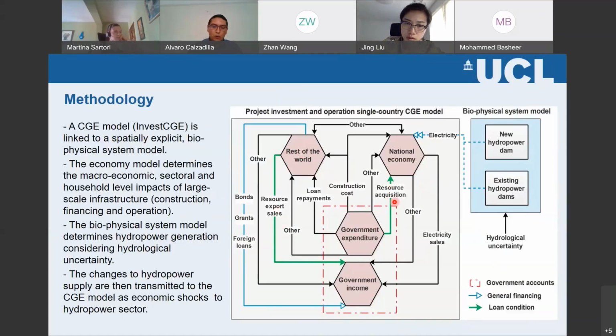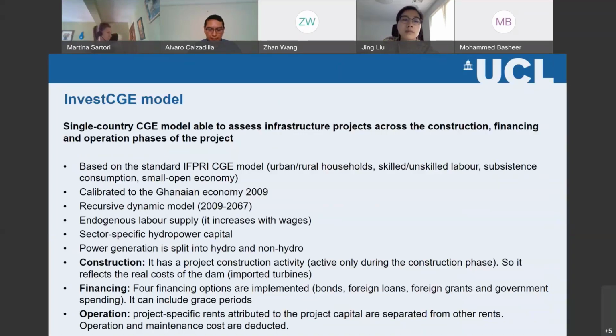And when we are in the operation phase, the government will also receive the electricity sales, and this additional income will also help to finance and to pay part of the loans that they have acquired from the rest of the world and for China. And here it is, the CG model that we use.